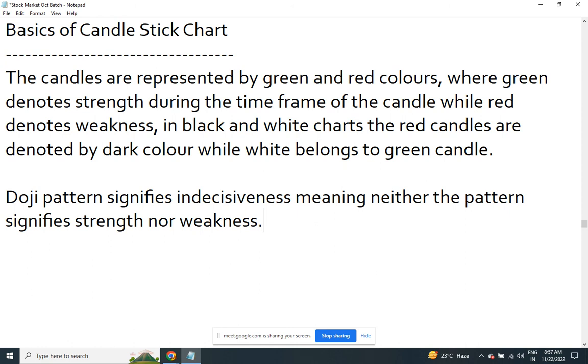So by looking at a doji, we cannot be sure whether it is going to be bullish or bearish.